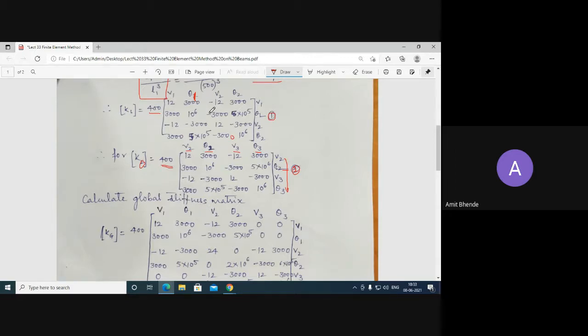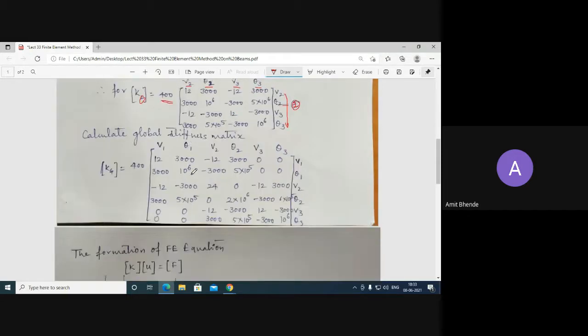That means assemble the element stiffness matrices together to form the global stiffness matrix. The global stiffness matrix will be of size 6 by 6 because there are 3 nodes and at each node there are 2 degrees of freedom. One is in the linear vertical direction and another one is in the circular direction.